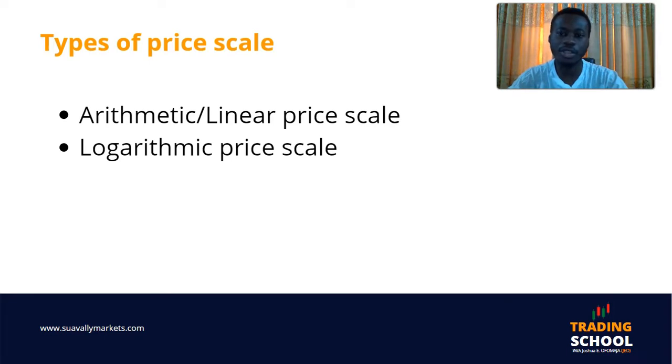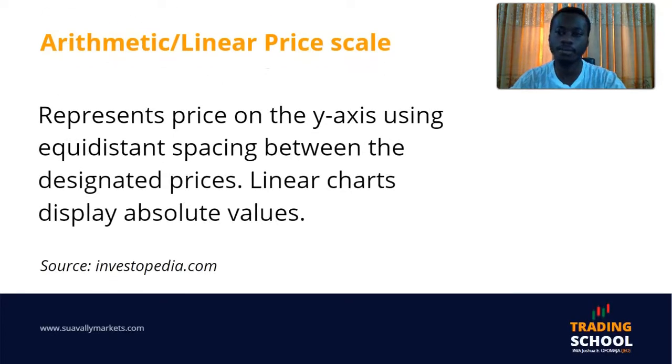But sometimes you need to have a good view of what has happened before, and especially with the linear price scale, you will not be able to really understand what has happened before, because of what we are going to be looking at today. So what is the arithmetic scale or the linear price scale?